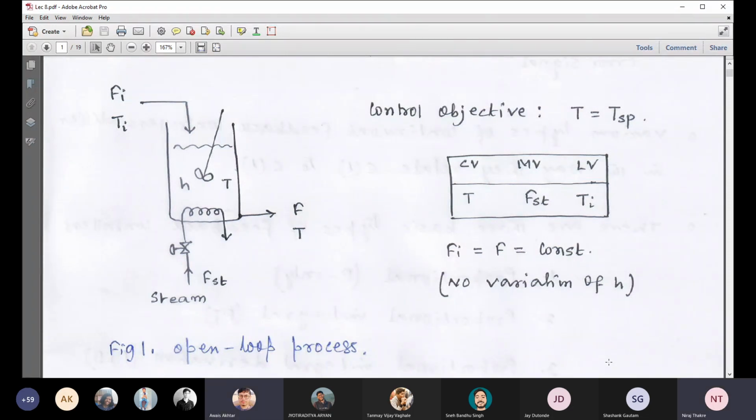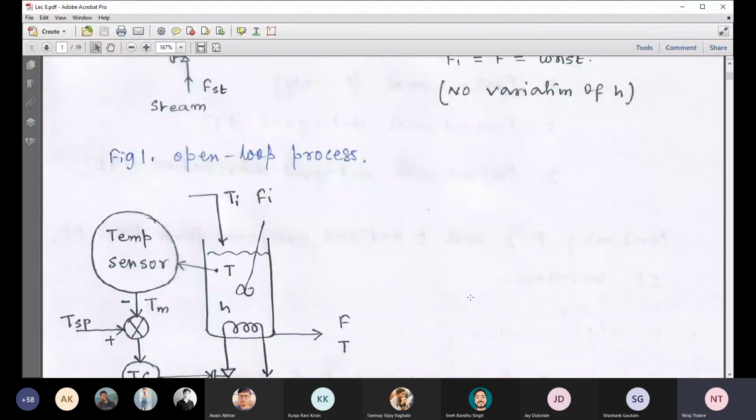Okay, next one, Kunjaravi Kiran. Sir, because it is not having that sensor part, I mean that sensor and control configuration part, sir. Yes, correct. So the straightforward answer is there is no controller. Okay, so this is an open loop process.